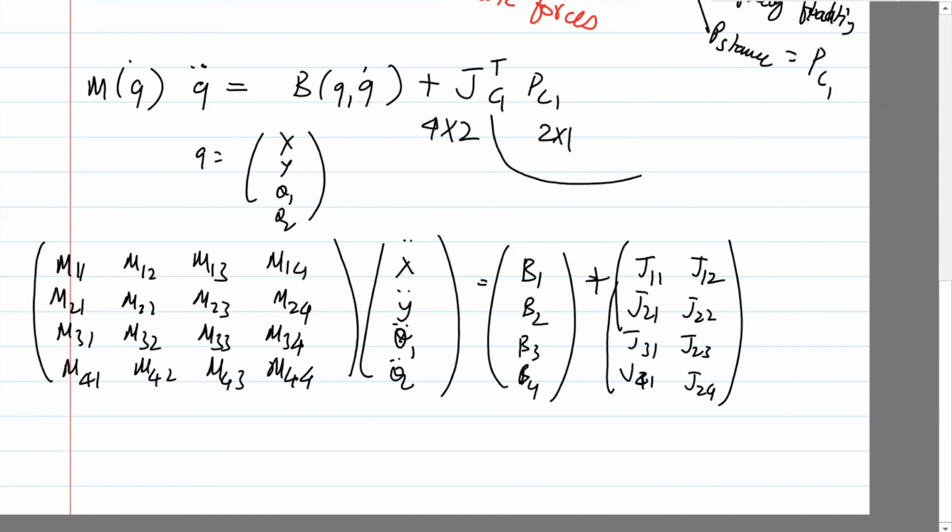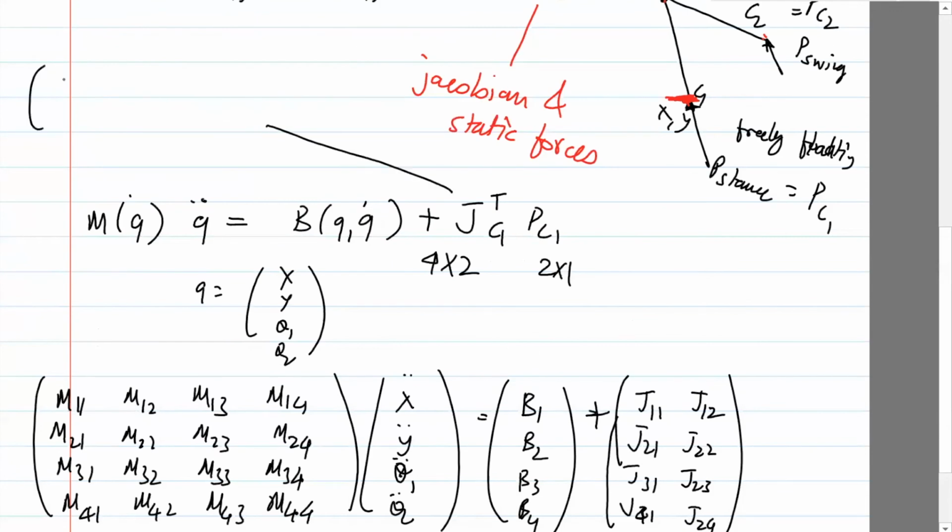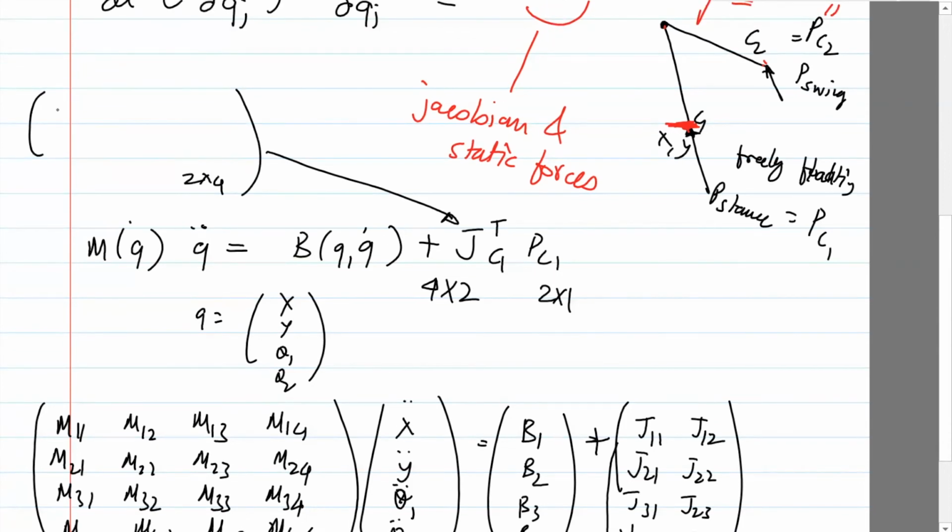So JC1 by itself is 2 comma 4, and when you take the transpose, you get 4 comma 2. So it should be written as J11, J12, J13, J14, J21, J22, J23, J24. Okay, so 2 comma 4, and you take the transpose of that.